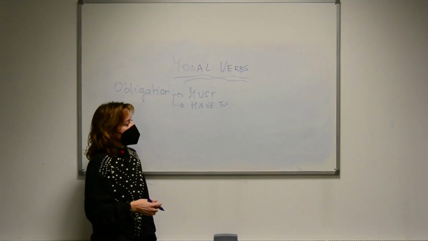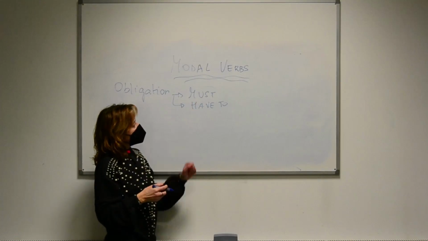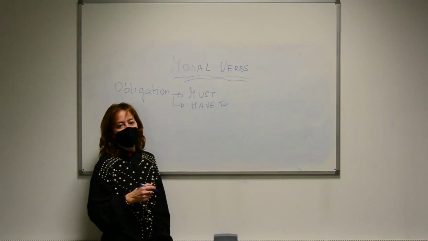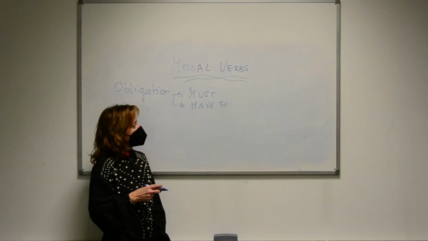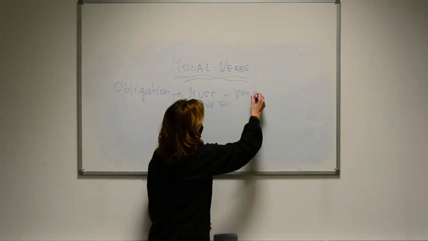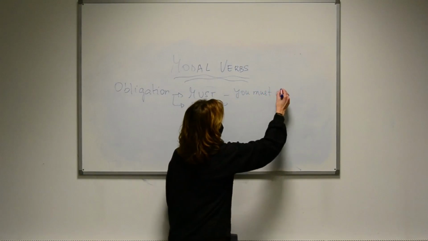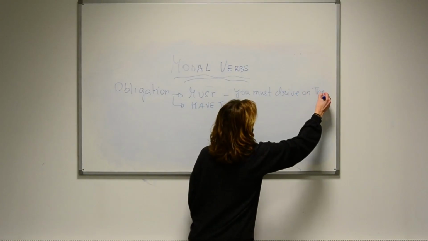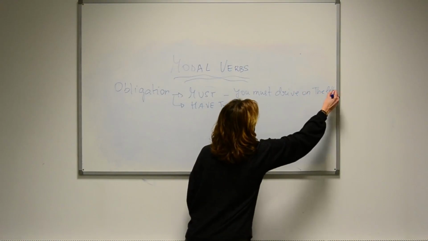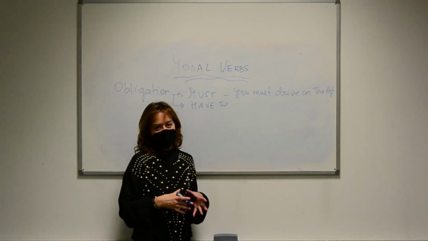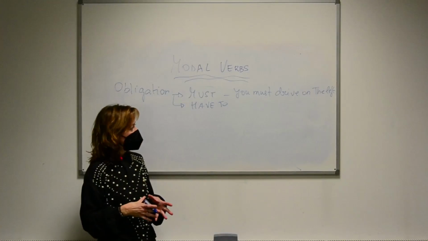For example, the obligation of must is an external obligation, while the obligation of have to is an internal one. If we have this sentence, you must drive on the left. Here, it's an obligation imposed by a law, something you should always do.